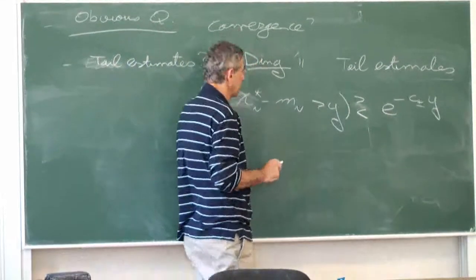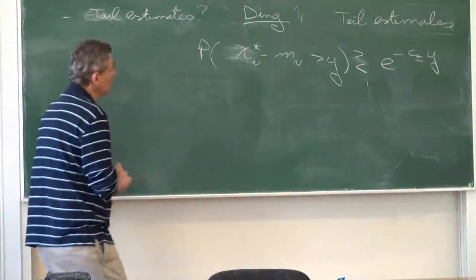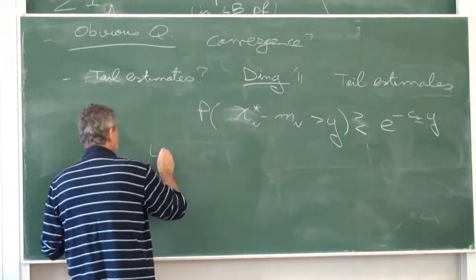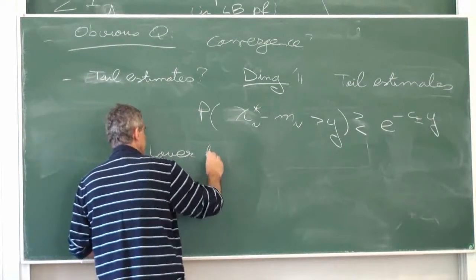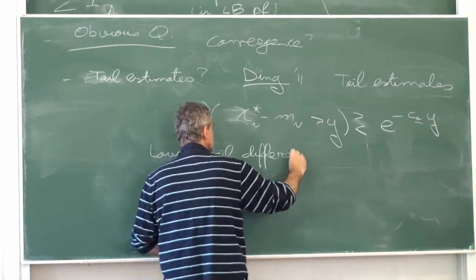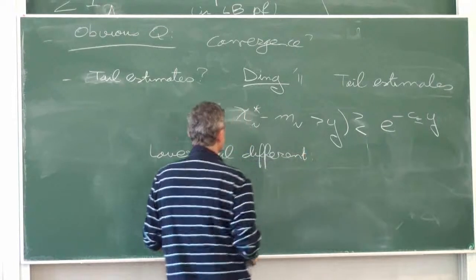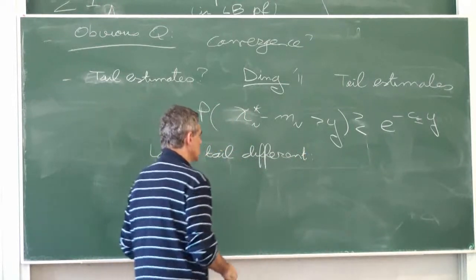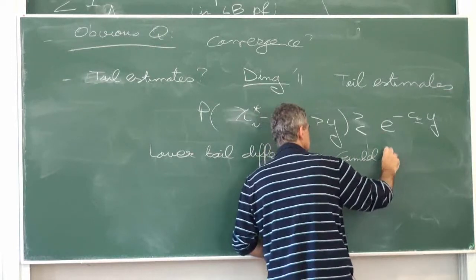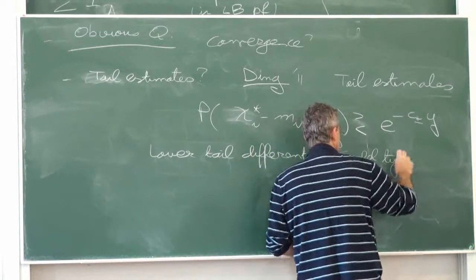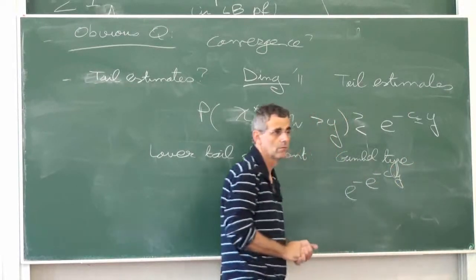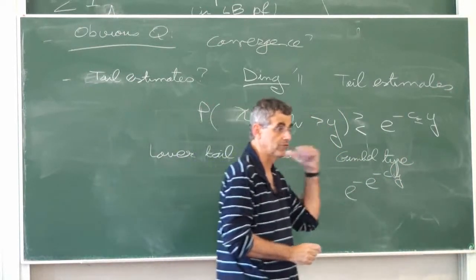So, this is the upper tail estimate, but the lower tail is different. The lower tail is of Gumbel type. So it's e to the minus e to the minus cy for y negative.